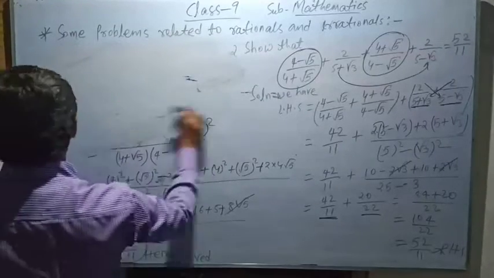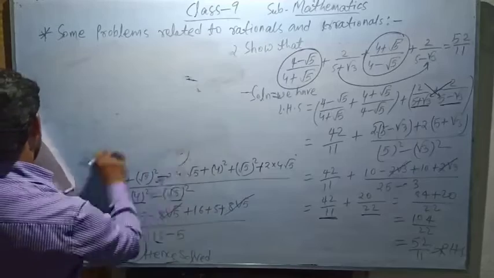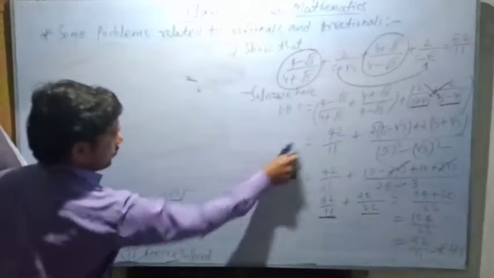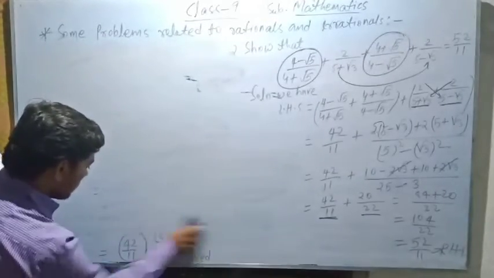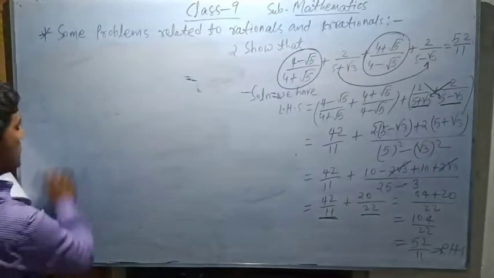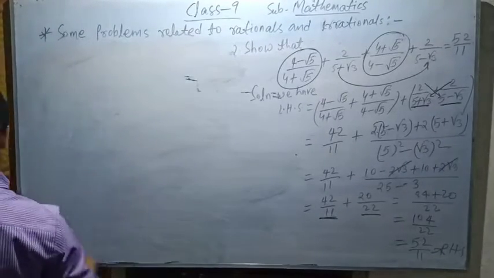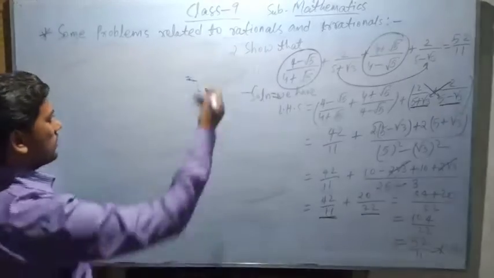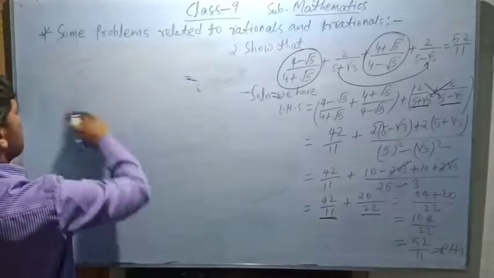Third question: using the following figure, show that BD is equal to under root x. In the given figure, BD is given.